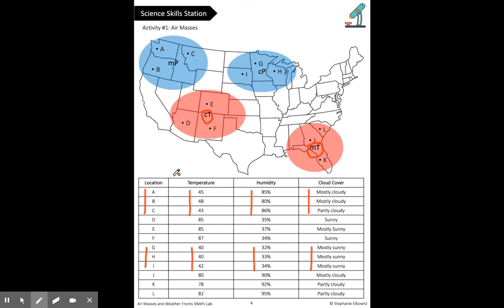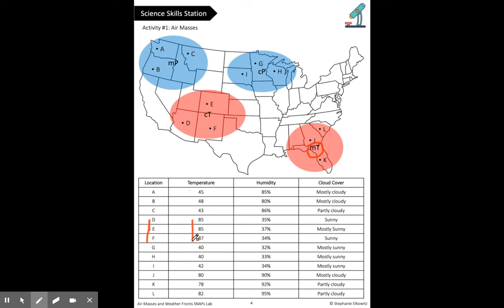Then we have our reds. Continuing the process, this first red, E, D, F, is a continental tropical. Let me first erase these so we don't get confused here. So if we look at E, D, and F, we have warmer temperatures, actually nice and warm in the 80s.